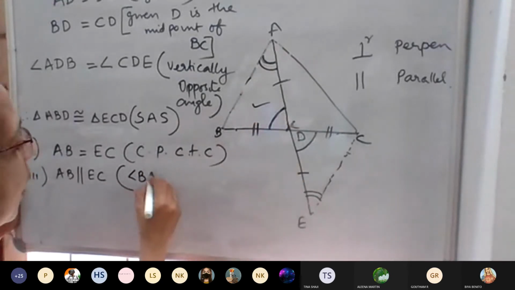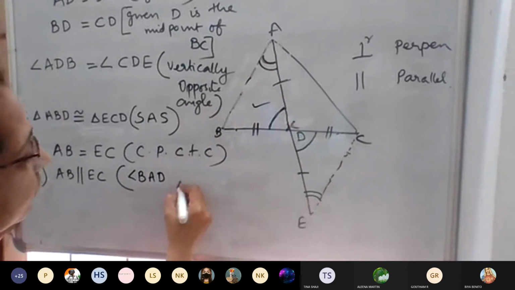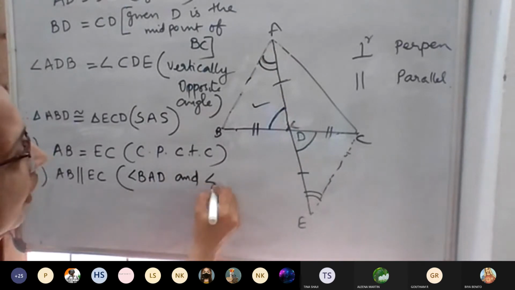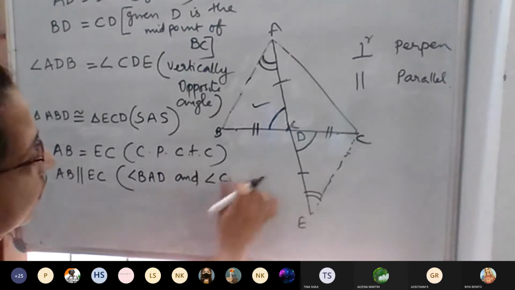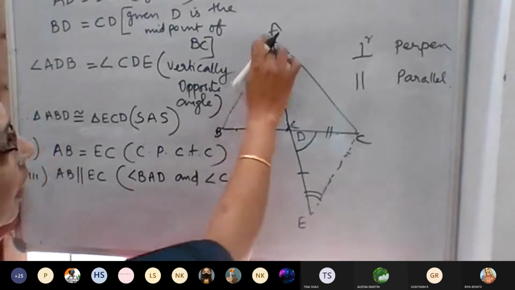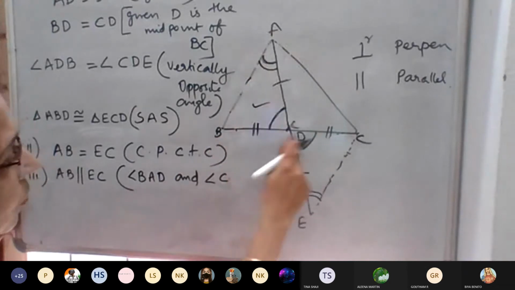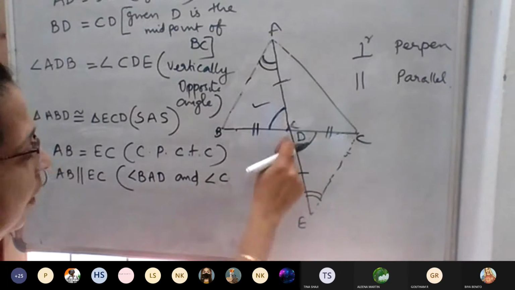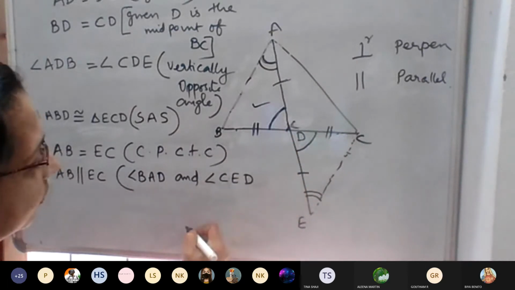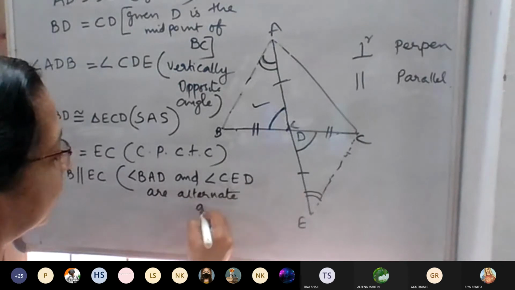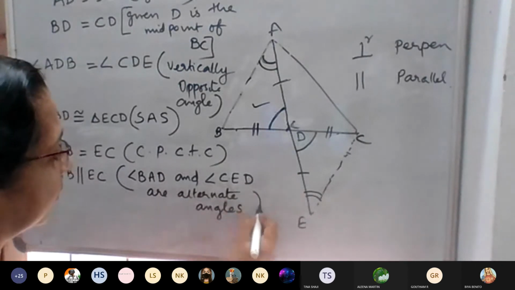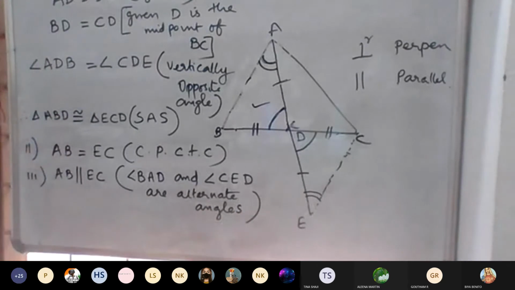Angle BAD and angle CED are alternate angles. The two are alternate angles. They are equal. They are alternate angles also.